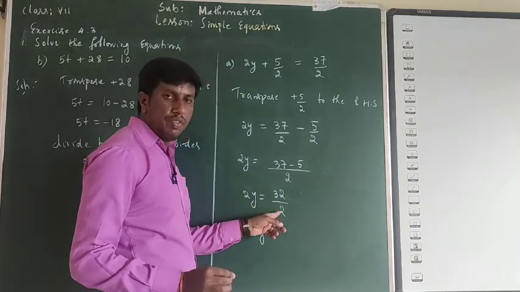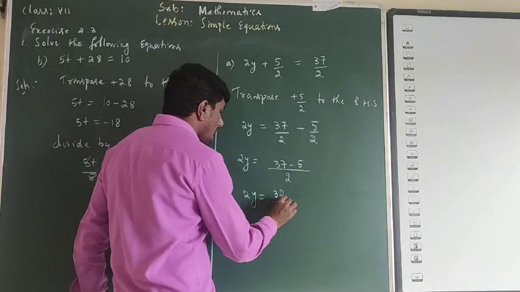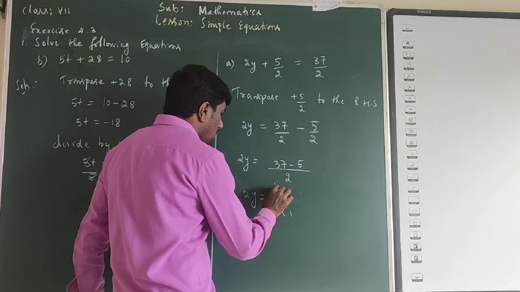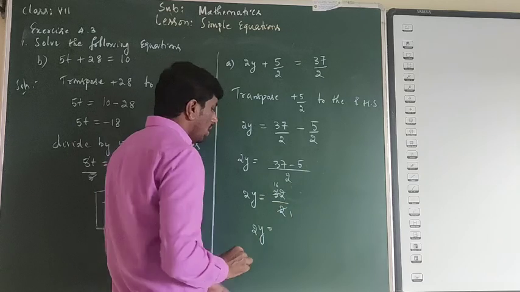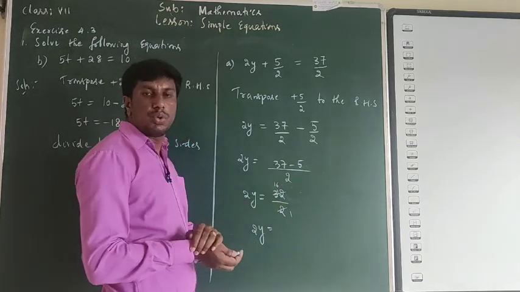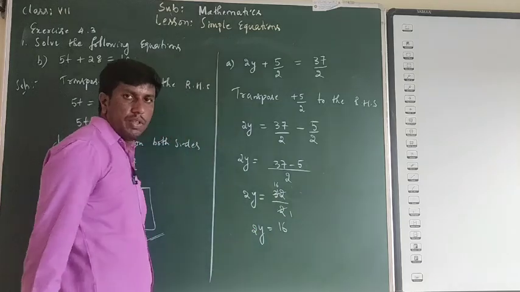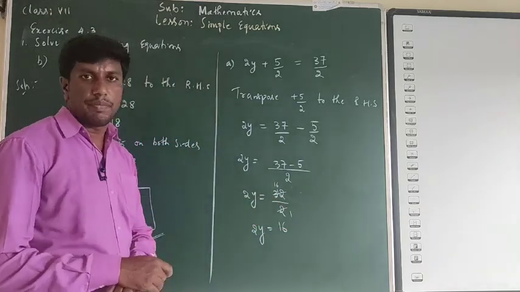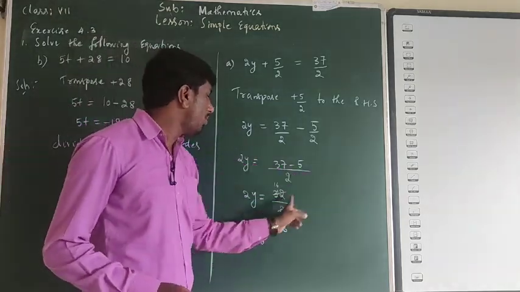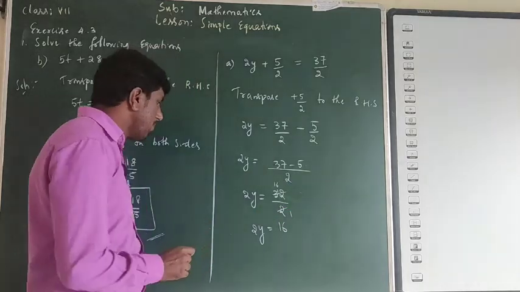How many times? 2 16s are 32. So 32 divided by 2 will become 16, right?